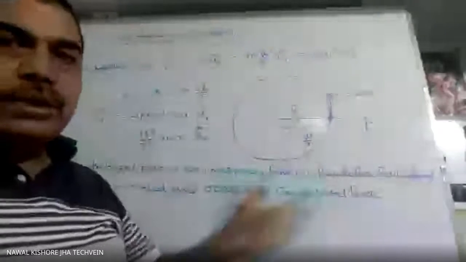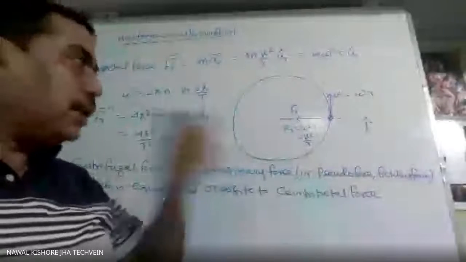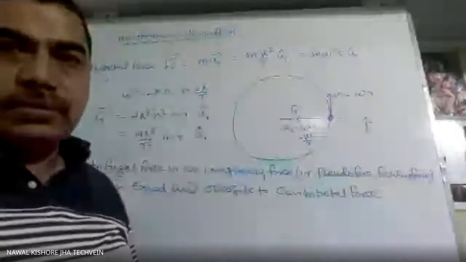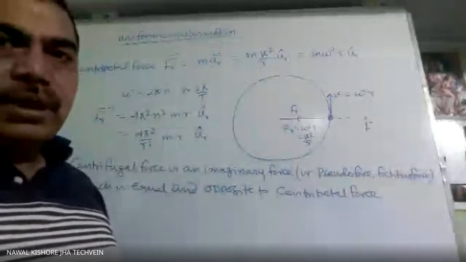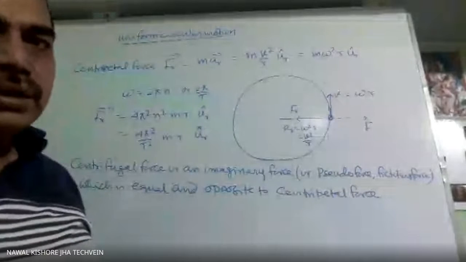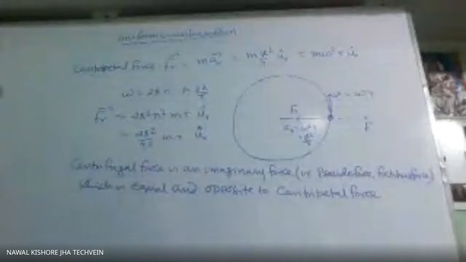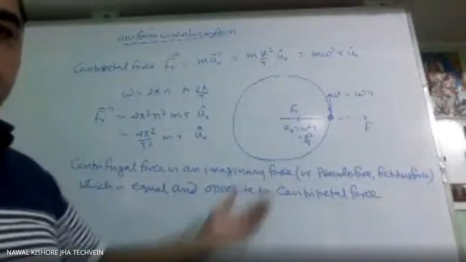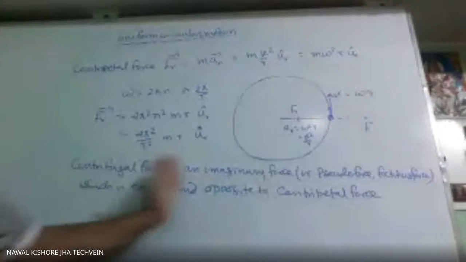Suppose you are tying a stone to a string and keep on revolving. You increase the speed. At a certain speed, the string breaks. Will the stone move towards you? It will not. It will move away from you. That is, once centripetal force becomes zero, the particle does not move this side, it moves outward. That is where the concept comes in, that imaginary or pseudo force we call centrifugal force.